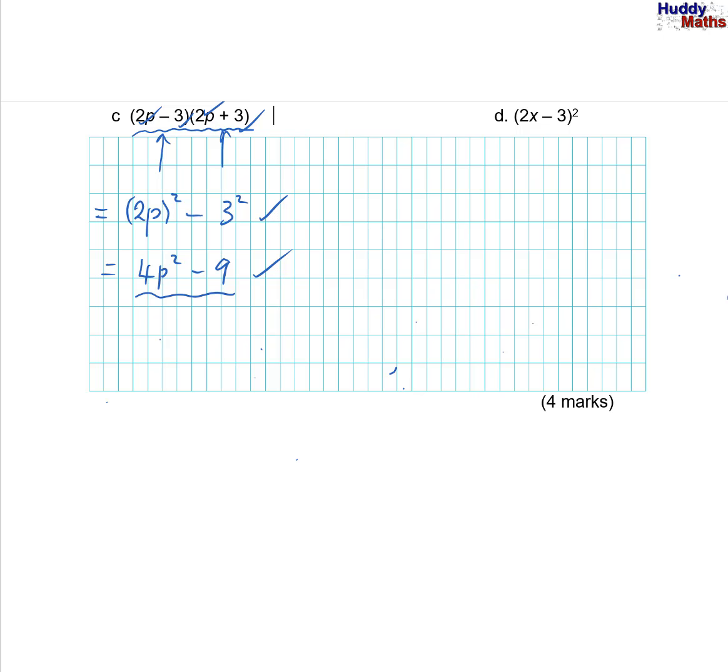Now let's look at this one. This is a harder perfect square one now. So the rule there is it's the first term squared, and then plus twice the product. But the product here is neg 3 times 2x, which is neg 6x, and twice it is neg 12x.